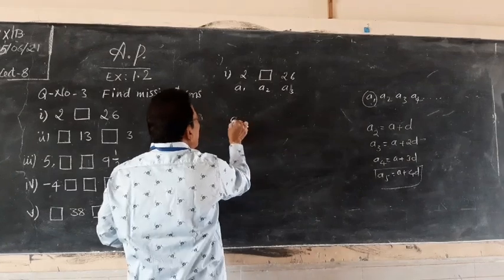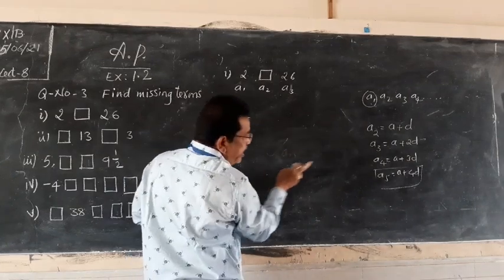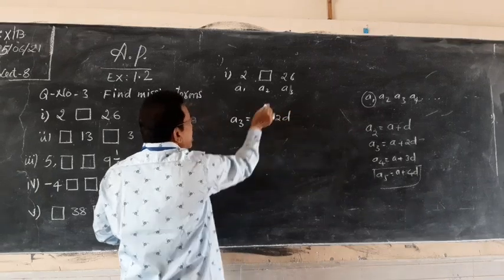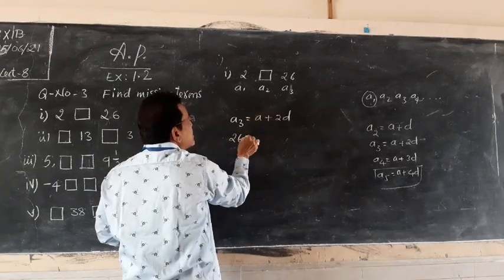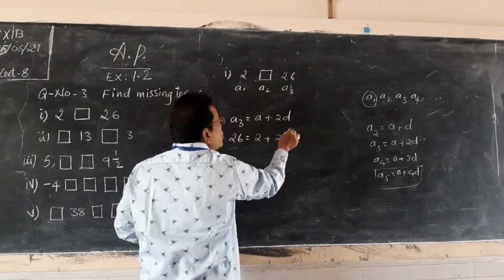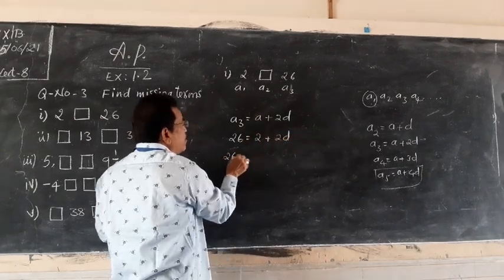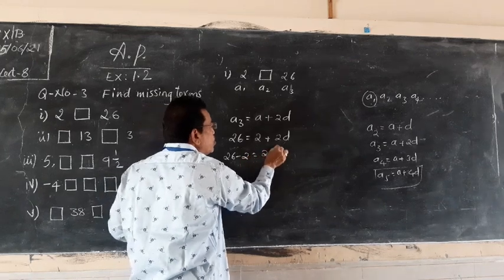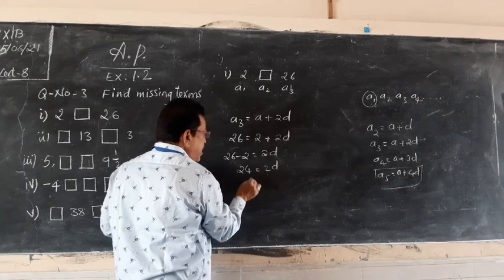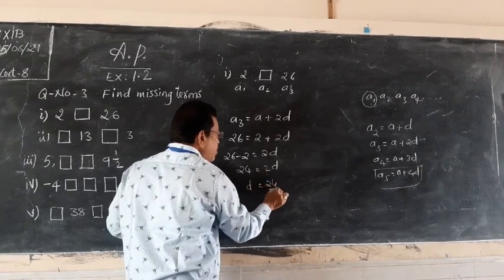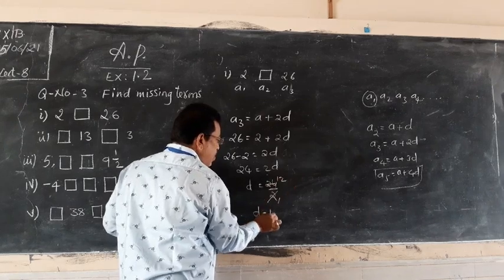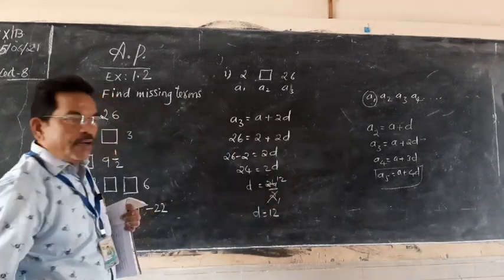That is A3 equals A plus 2D. A3 how much? 26. A how much? 2 plus 2D. 26 minus 2 equals 2D. 24 equals 2D. D equals 24 by 2. 2 twelves are 24. D equals 12.